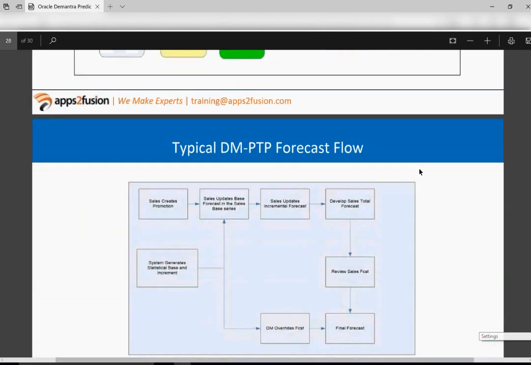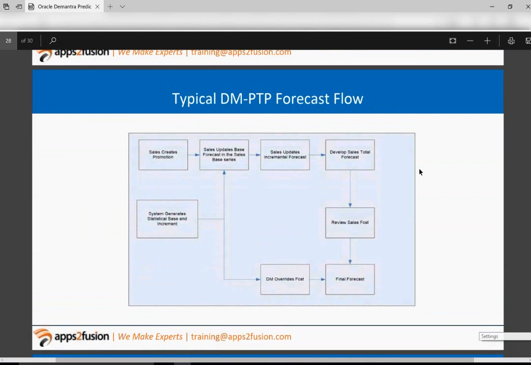And this is a very typical flow at this customer, where they had their demand management as well as sales and PTP, both modules enabled. So demand management was used to generate the base forecast, and then PTP was used to generate another version of base and incremental forecast, which is then fed to different stakeholders in the department.